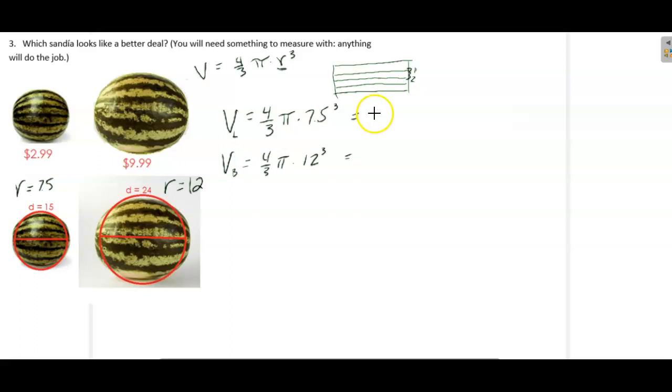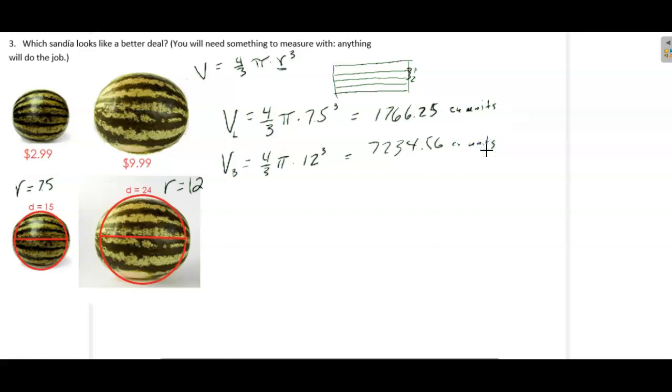And when I do that calculation, I get 1766.25. Now those are not any particular units. Those are just cubic units, whatever those little marks were that I used to measure that. And then the next one, 4 divided by 3 times 3.14 times 12 to the 3rd power, and that's 7,234.56 cubic, and they're the same units.